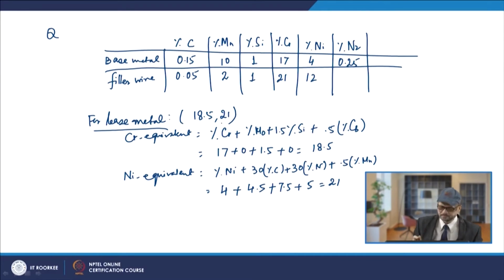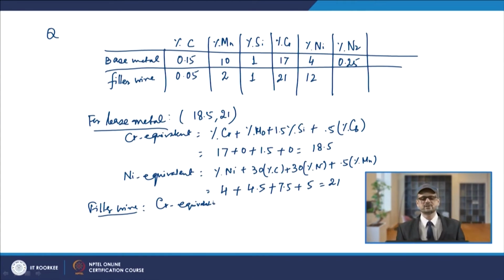Now, in a similar way we are going to calculate for the filler wire. For the chromium equivalent, percentage chromium is 21, molybdenum is not there, 1.5 times silicon gives 1.5, since silicon is the same in both cases, and columbium is not there.